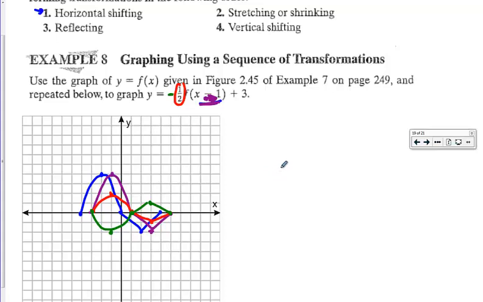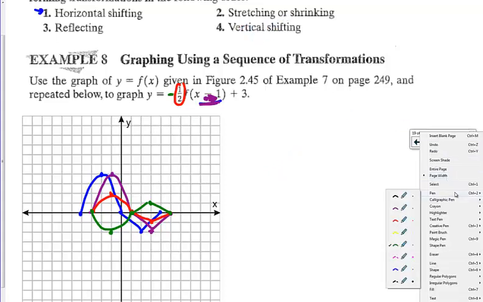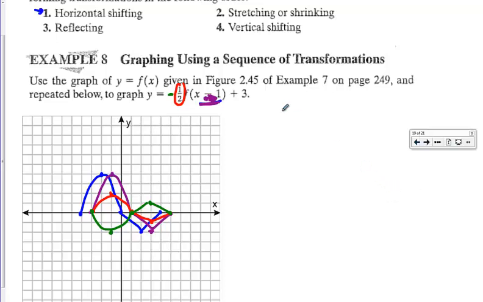And then lastly, I have any vertical shifting. Vertical shifting, remember, is if I'm adding or subtracting anything at the end. I do have some vertical shifting here. I have that plus 3. So I'm going to take every point and move it up 3.